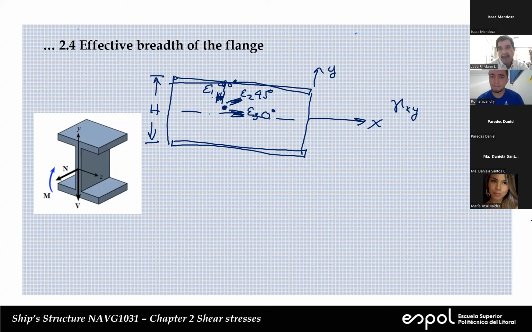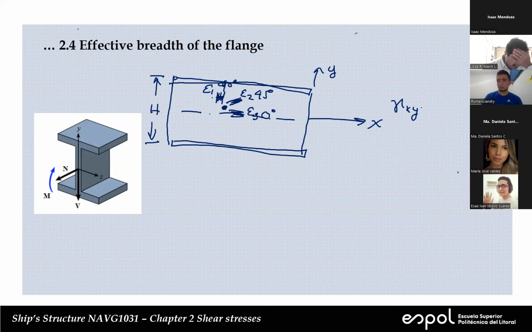So you have to review in a solid mechanics book how to calculate the distribution of strain at a certain point from what's the name of these 3 gauges? Isaac, help me out. How do you call this combination of 3 gauges? It's a rosette.